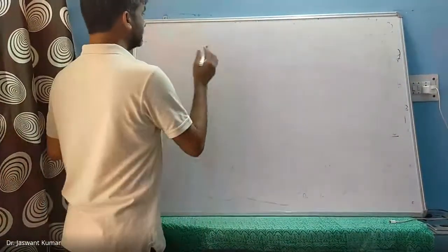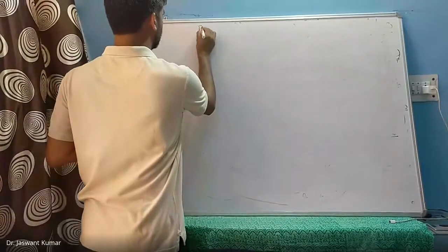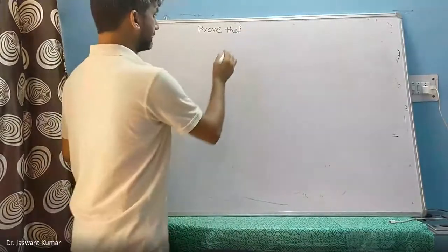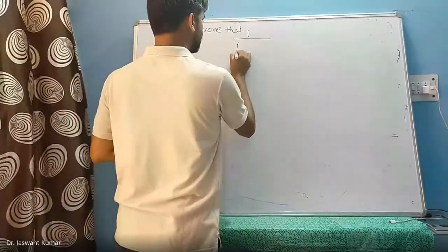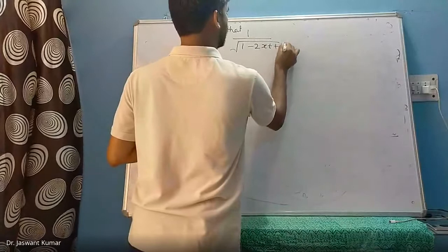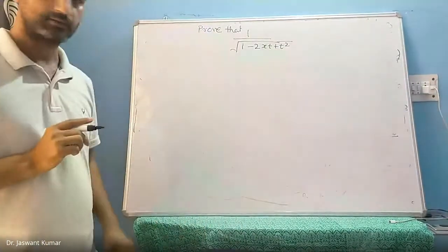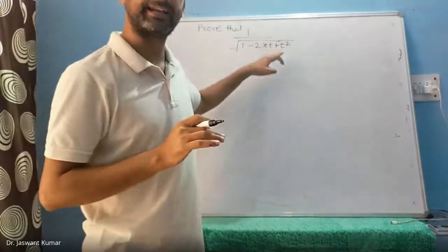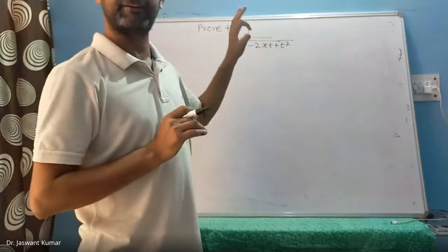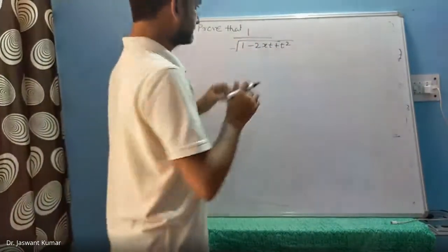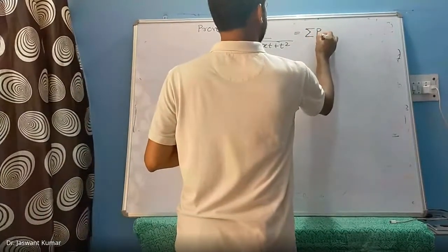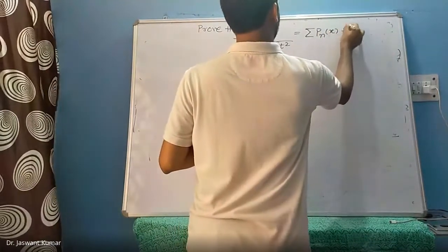We say prove that the function 1 by square root of 1 minus 2xt plus t square, which for us is an arbitrary function, can be written as the summation of Pn of x t to the power n.